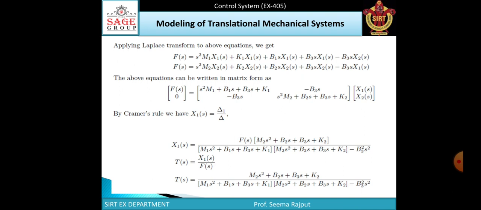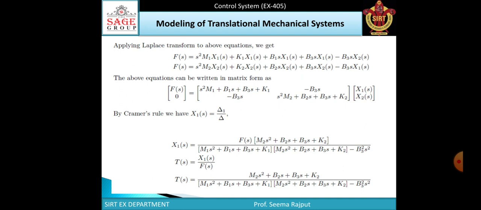Upon the overall multiplication of that: (m1 s² plus b1 s plus b3 s plus k1) and (m2 s² plus b2 s plus b3 s plus k2) minus b3² s². So T(s) equal to X1(s) by F(s). So in that case T(s) equal to what? We have to write this term in the form of X1(s) by F(s).